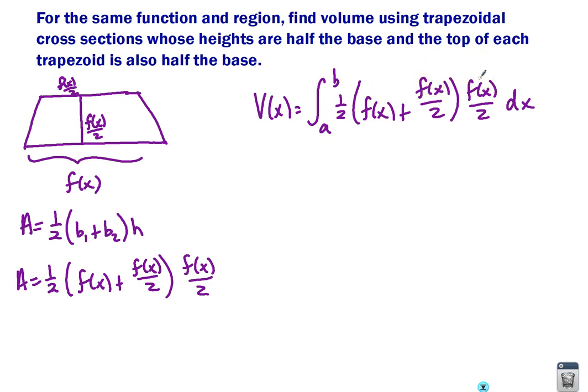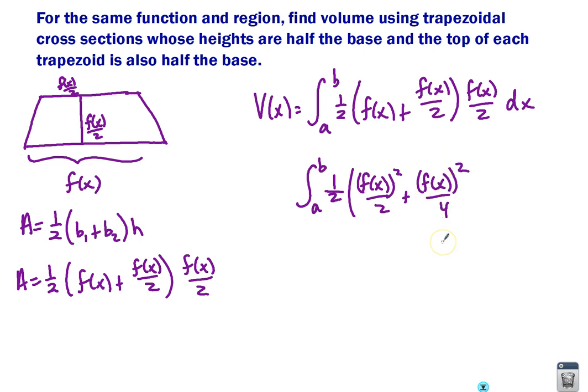All right. So here we could clean this up. We want specifically our region from 0 to 4 of the square root of x. I'm going to go ahead and try to clean this up first. So I'm going to have a to b. I'm going to leave the 1/2 there for now and distribute this f of x. So I'm going to have f of x squared over 2 plus f of x squared over 4 dx.